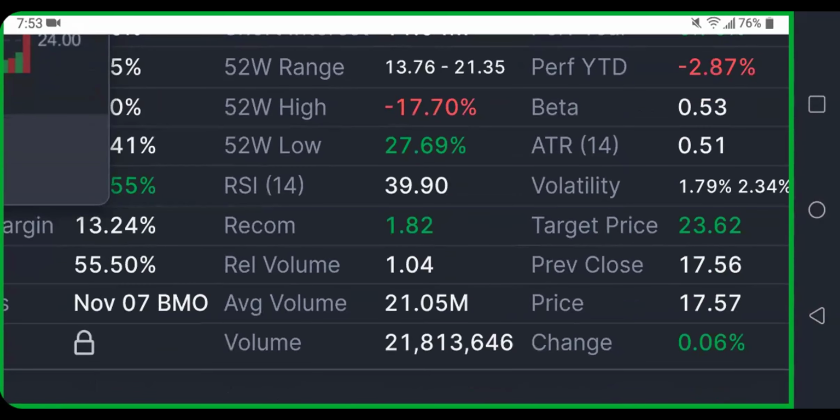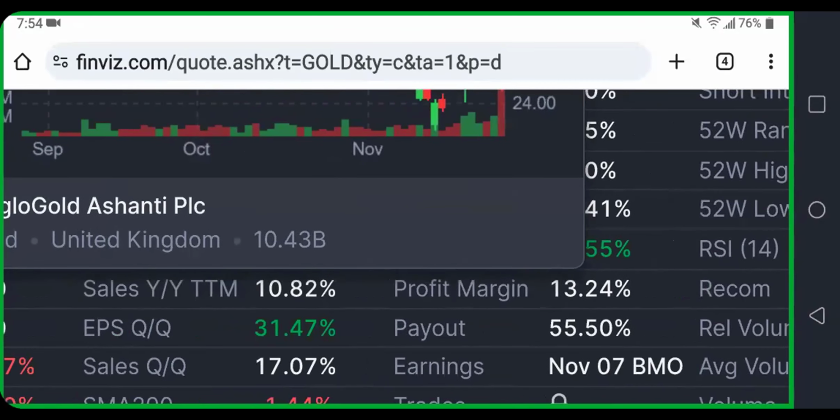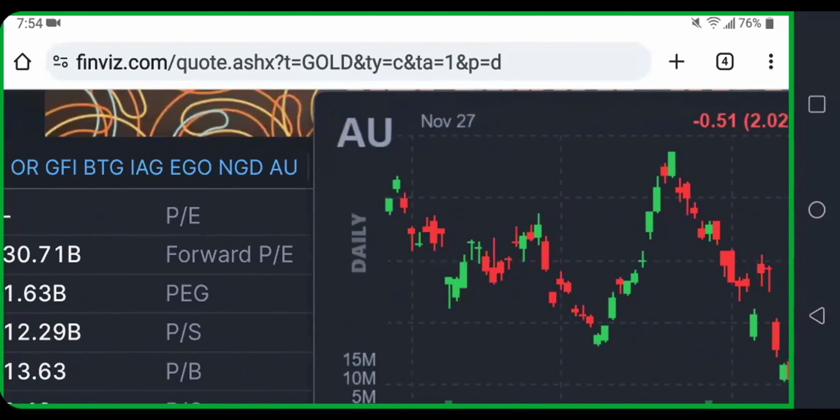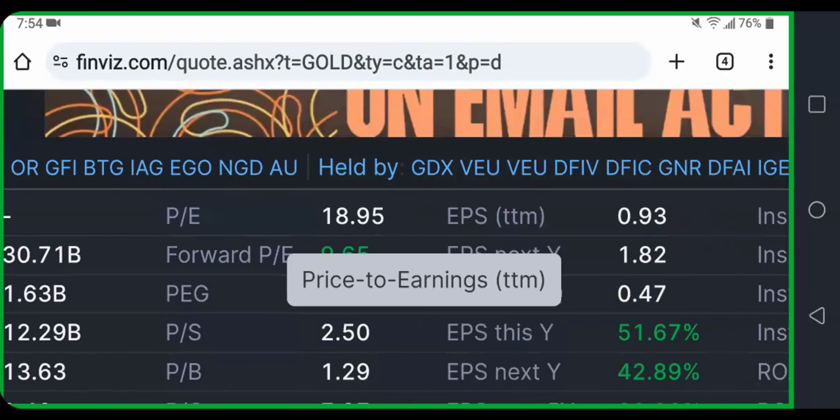This is at 17. But the meaning of this is every $19, or $18.95, that you spend, this company will produce a profit of $1. You will compare everything the analysts are saying, but we still need to look at which company is more valuable.